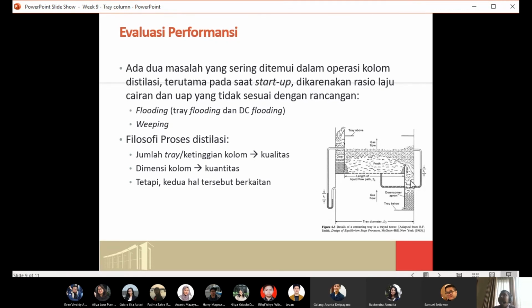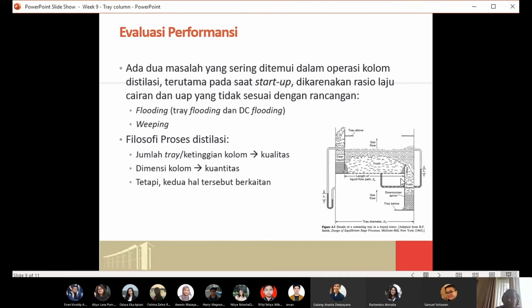Usually we maintain around 70 to 80% of this level. You can imagine from this weir to the bottom of the downcomer, there is a certain level length, and usually we maintain it at around 70 to 80%.